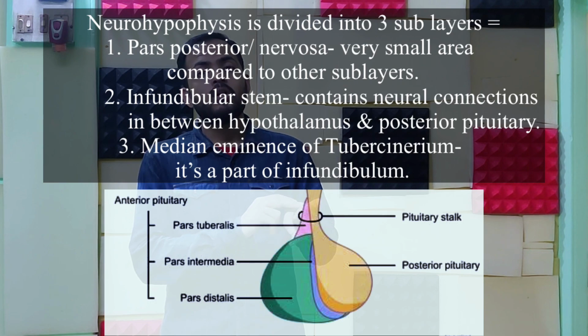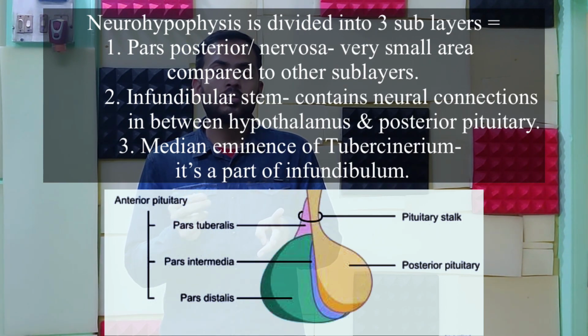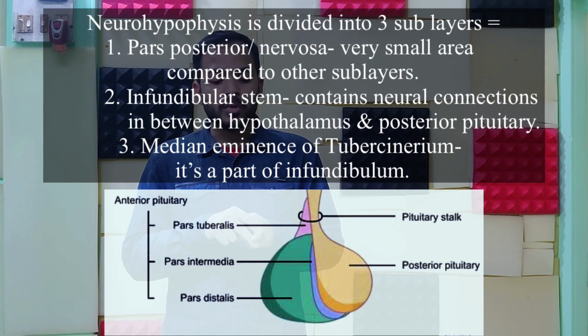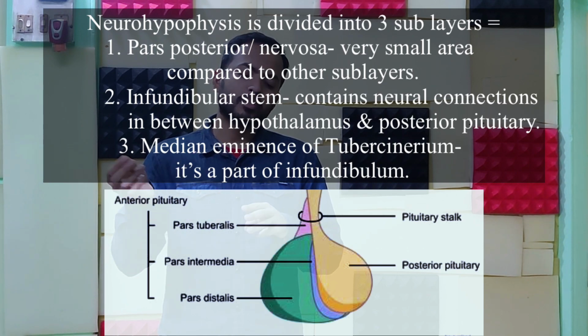First, the posterior lobe, which is a very small area compared to the other lobes. Second, the infundibular stem, which contains the neural connection between the hypothalamus and the posterior pituitary. And the third is the median eminence of the tuber cinereum, which is actually the continuation of the infundibulum.